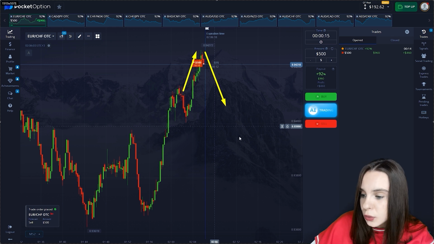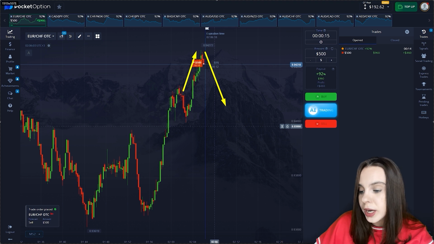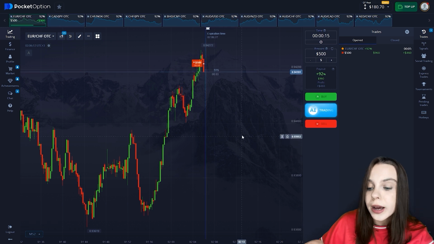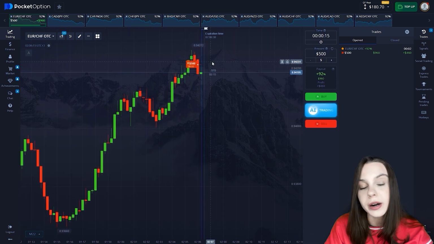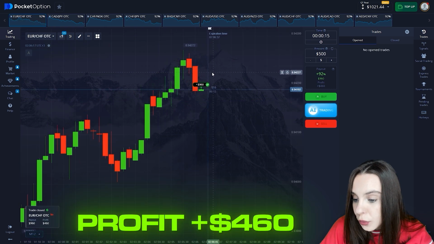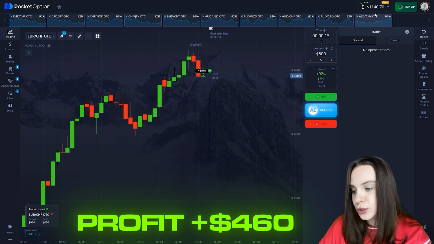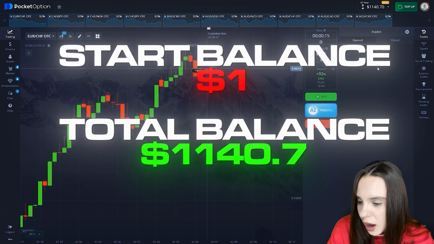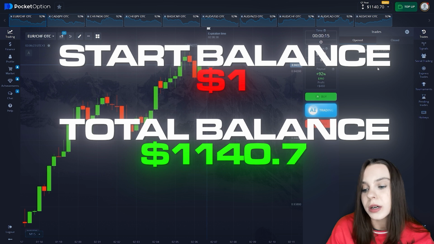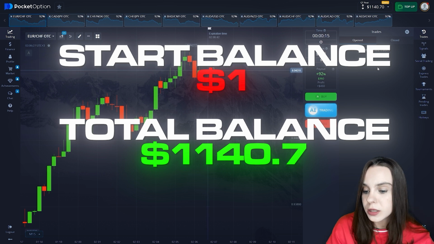We see the reversal was exactly the same, and we need to open a trade as quickly as possible in order to catch this opposite market. So excellent, guys. The transaction also closed in positive territory. So our balance, we see, is $1,000 and $140.70.